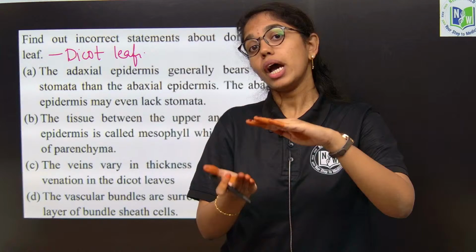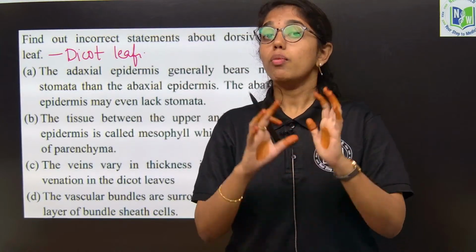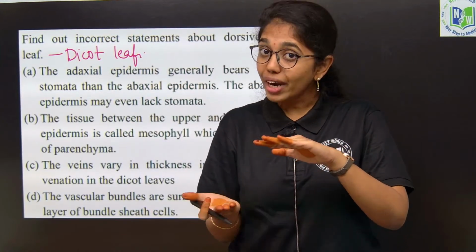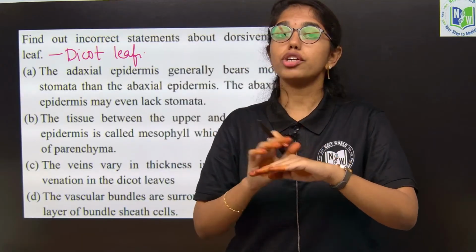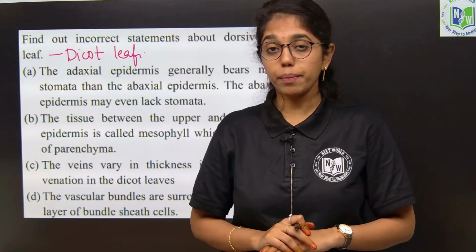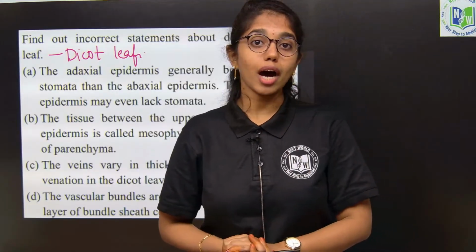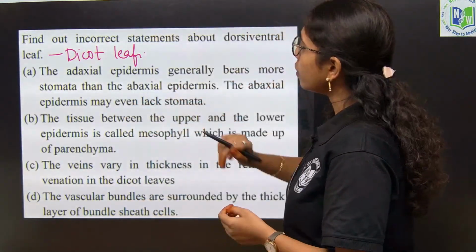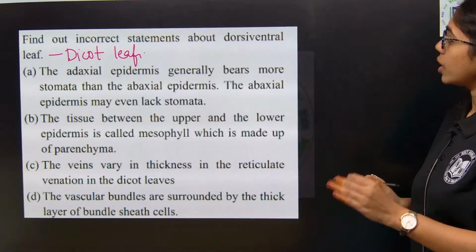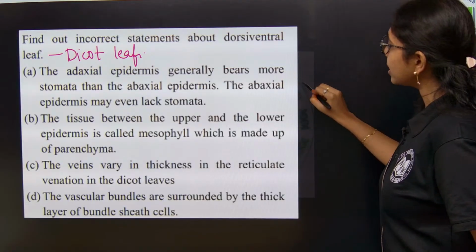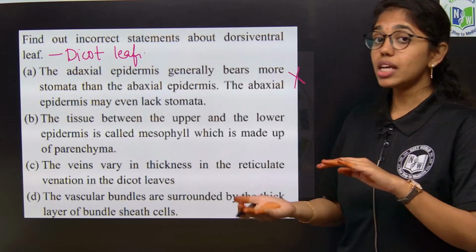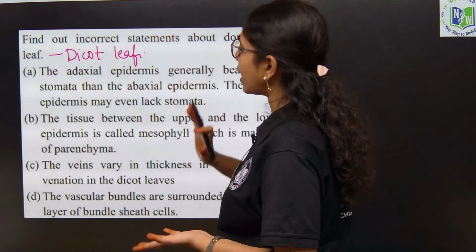Do remember that. In a dorsiventral leaf, more stomata are present in the ventral surface, that is abaxial epidermis, and fewer stomata are present on the dorsal surface or adaxial epidermis to prevent transpiration. So, here the statement that adaxial epidermis generally bears more stomata than abaxial epidermis is incorrect, because abaxial epidermis will have more stomata than adaxial.